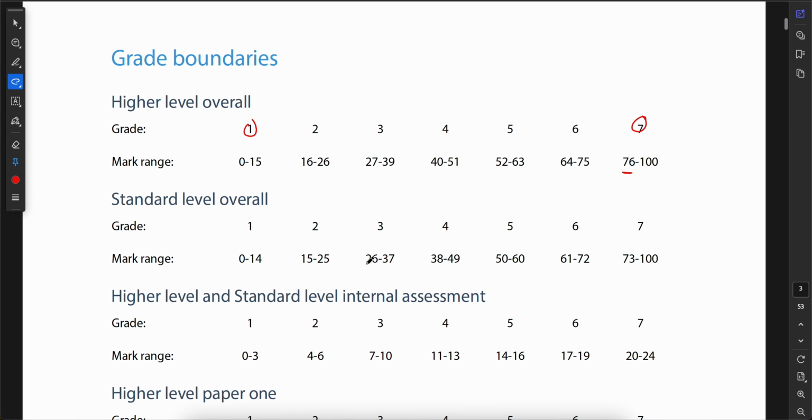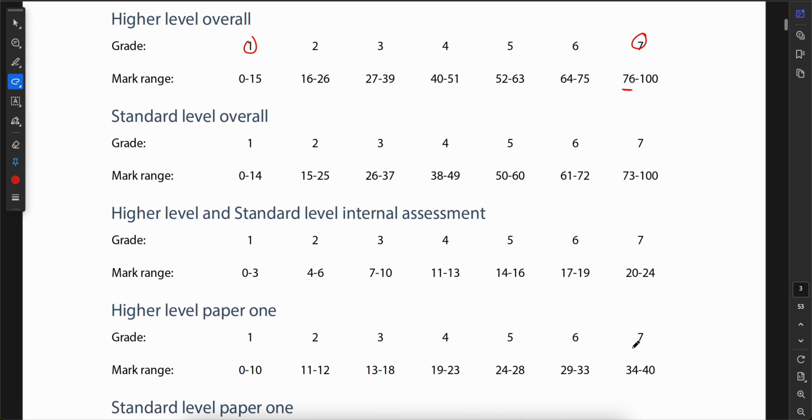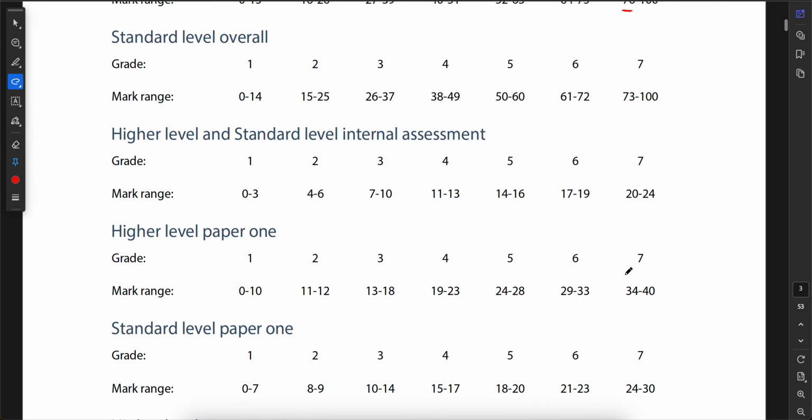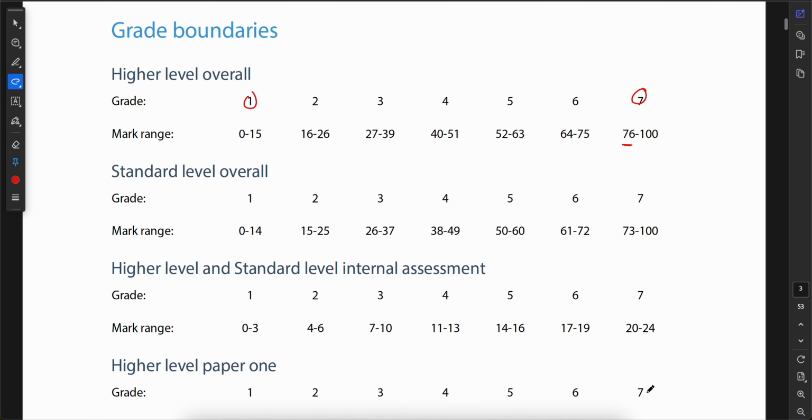For paper 1, it's 34 questions for HL. You need to get 34 questions minimum to get that score of 7. And for SL, 24. So in total, with scientific investigation, it's 76 for HL and 73 for SL in time zone 1.